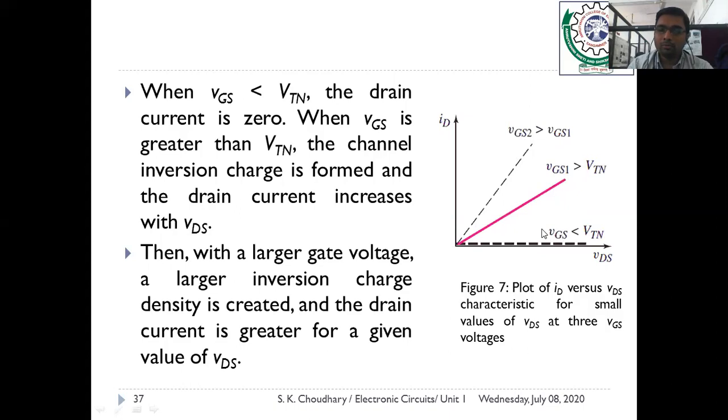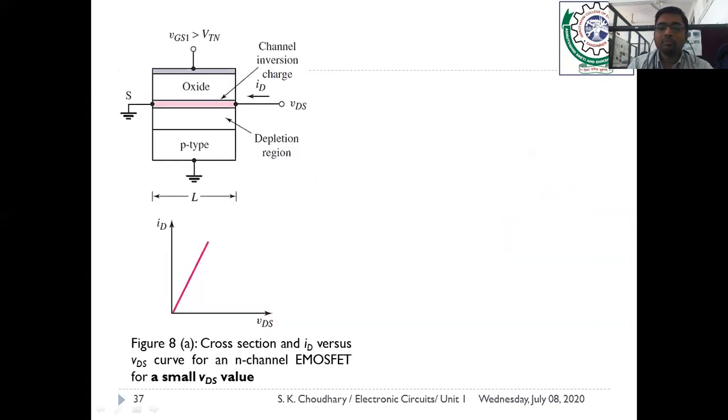Now we move further. What actually is going on? In this particular slide, on the left side there are two diagrams. One is the diagram of the MOSFET, another is the corresponding graph.